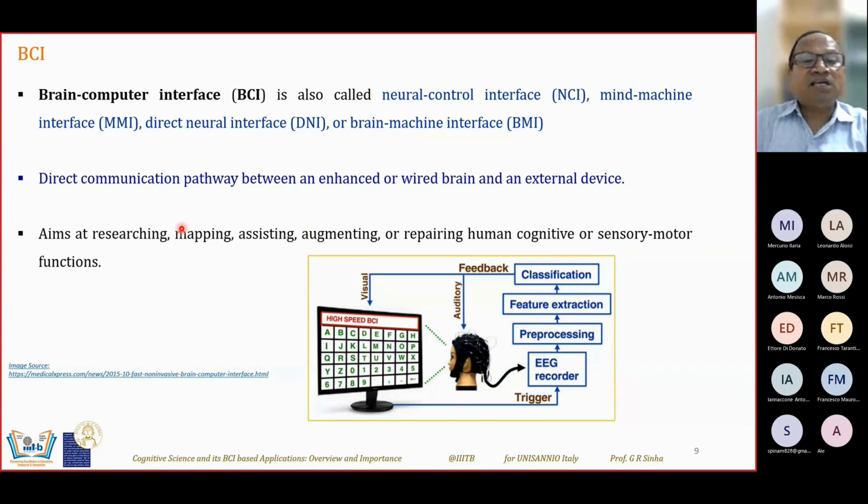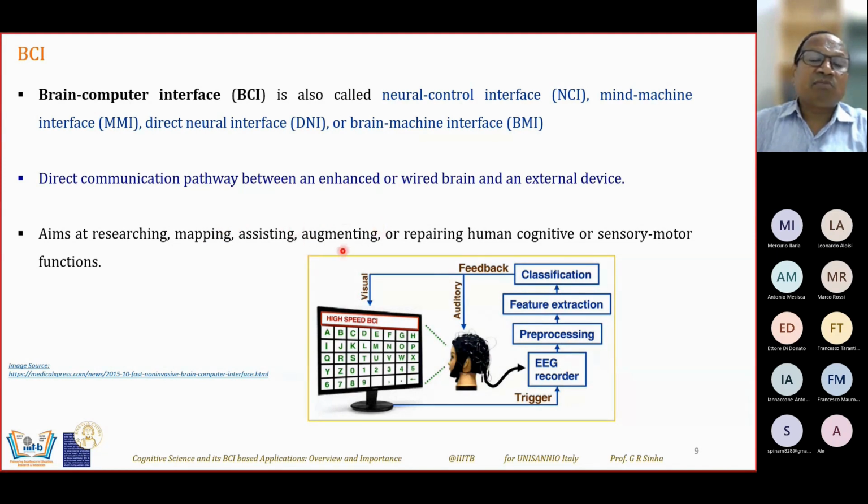And what is BCI for? What do we use BCI for? Not only for development of assistive devices, but for a lot of research, we study BCI for mapping between the brain and computer, assisting patients in healthcare, augmenting ability. Some person has a mental disorder or disability.